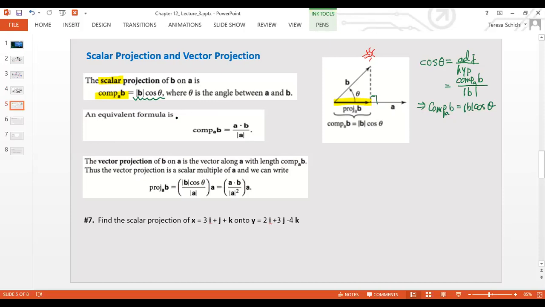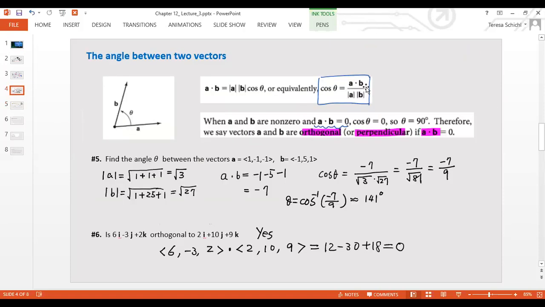Now this is equivalent to A dot B over the length of A. Why? Let's show that. This is the length of B times cosine theta. Do you remember cosine theta is A dot B over the length of A times the length of B?